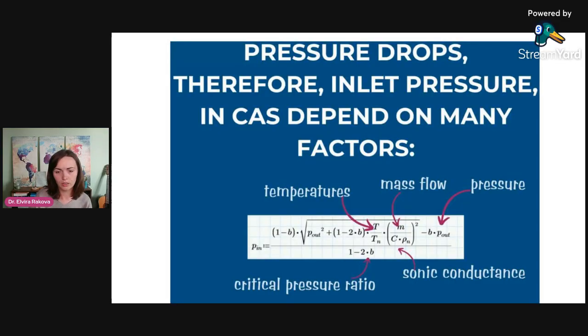And when we actually talk about the pressure drops, the pressures, the sizing, oversizing, downsizing of our piping in the system, we always have to know what is the mass flow rate that is passing through the pipe, what is the maximum capacity of the pipe, not depending on the pressure, what is the pressure condition there, of course, and also the critical pressure ratio for this pipe.